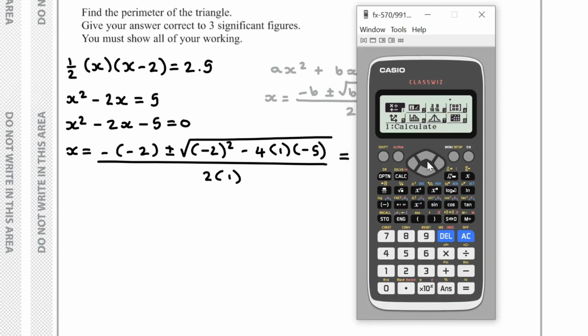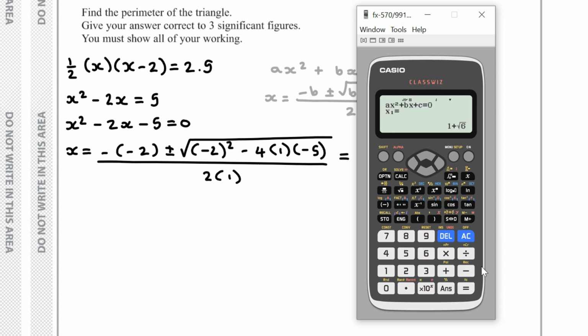So if we have the Casio FX-CG ClassWiz, there's actually an equation solver here. Just type in the coefficients 1, minus 2 and minus 5.